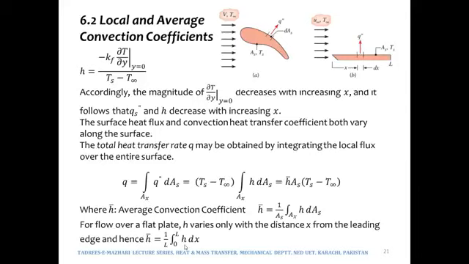So we would be integrating h with respect to x, and upon division of this integration by the total length of the surface, it would give us the average convection coefficient over the entire length of the plate.